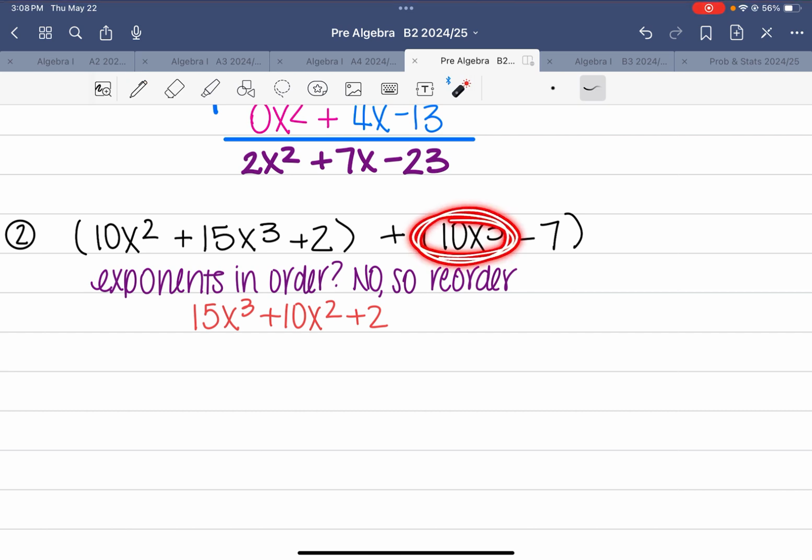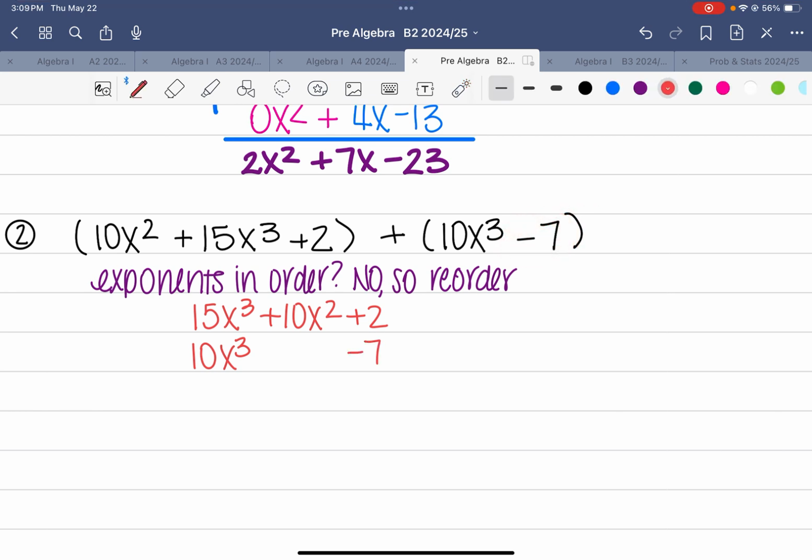Who am I going to put this 10x cubed under? Hopefully you said the 15x cubed, or we're thinking it at least. And then who am I going to put this subtraction of 7 under? The 2. What do I write in this blank spot? I'm going to put in a 0. I need to show that there's no x squared.